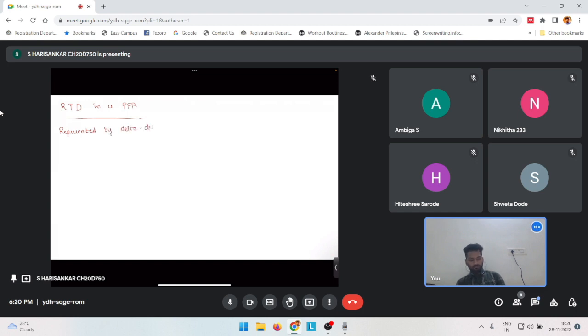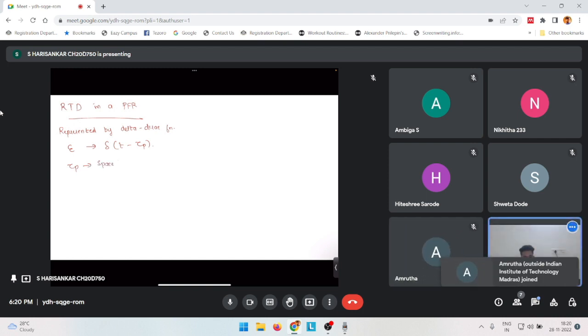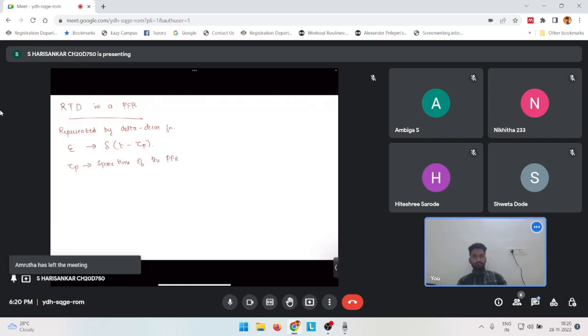That is basically E can be represented as delta of t minus tau p, where tau p is the space time of the PFR, right? So integral 0 to infinity E of t dt will be 1, because the area under the E curve is always 1, and this will be equal to the integral of delta of t minus tau p from 0 to infinity.